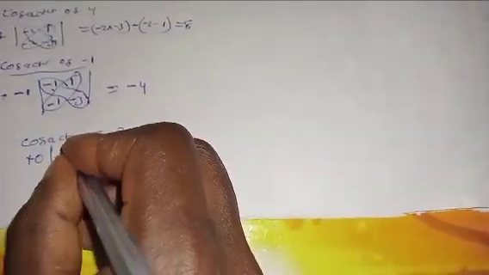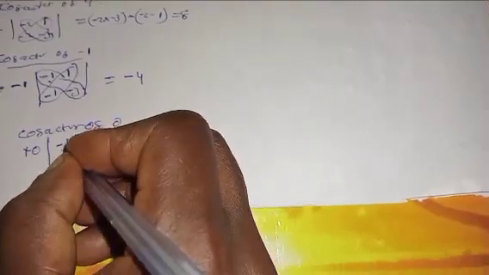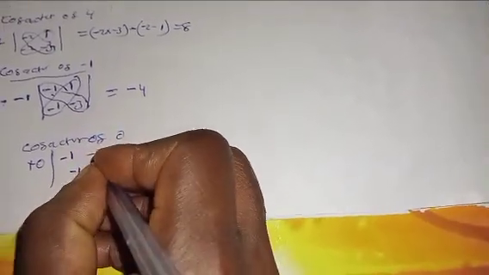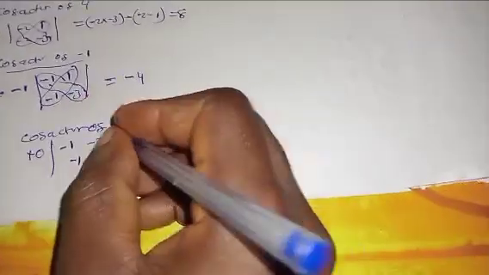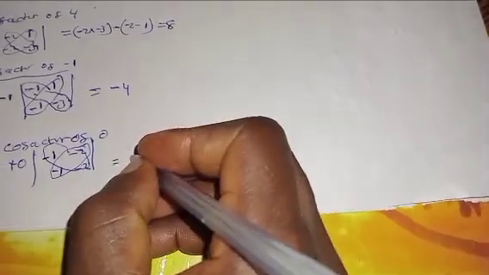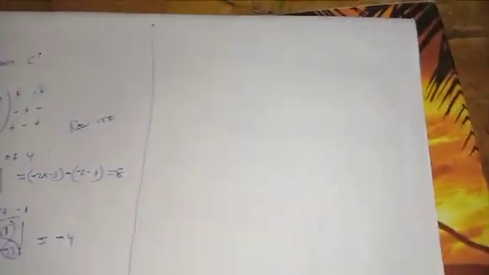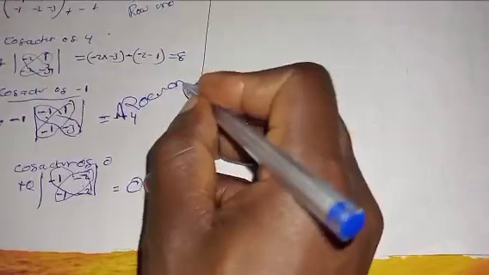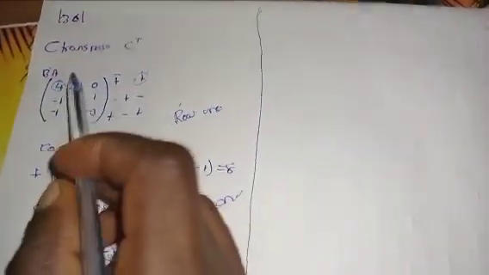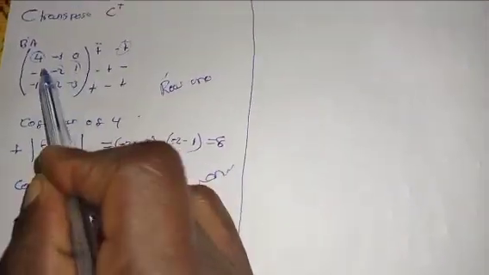After closing this, you remain with negative 1, negative 2, negative 1, negative 2. So times this minus times this. So what do you get? You get 0, because any number multiplied by 0 is 0. So this is row 1. You do the same to row 2 and row 3.